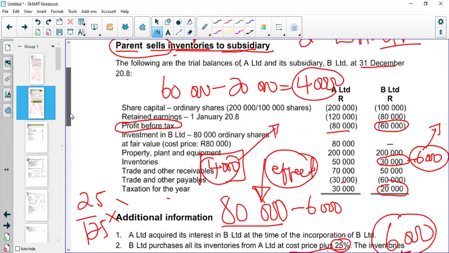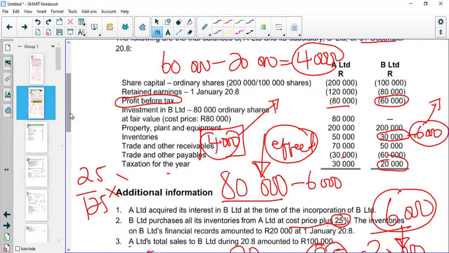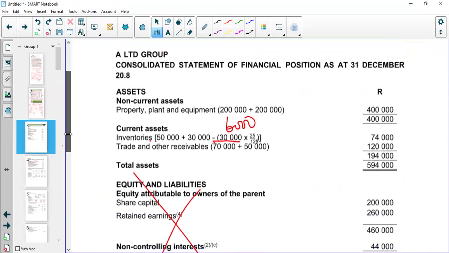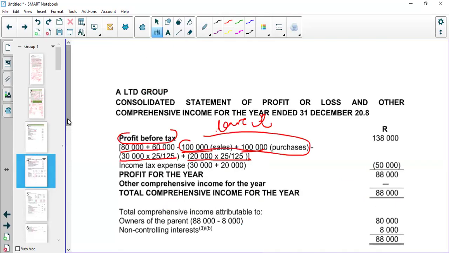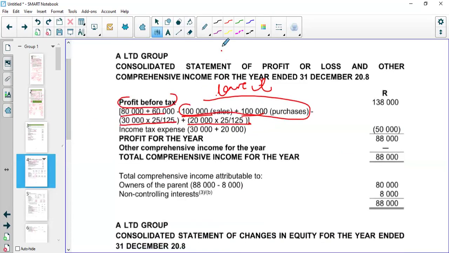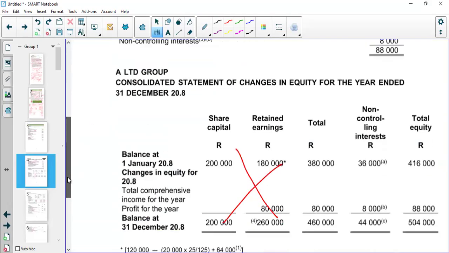In your practice, I want you to sit down and actually do it. The statement of financial position, don't worry about it. That's not important. I want you to do the income statement. Right? And the statement of changes in equity.